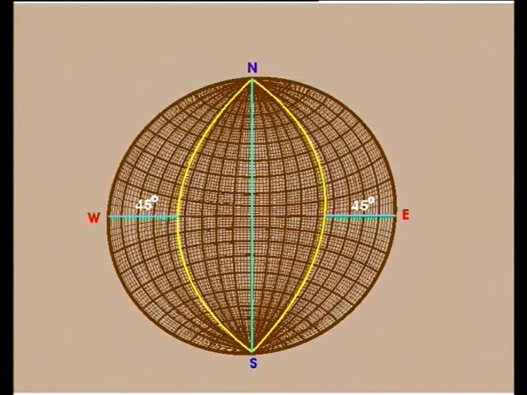Now, if we rotate the overlay back to its original position, we will find the amount marked on the overlay and the direction. Thus, the plunge amount of the line and the direction of plunge or trend can easily be calculated.